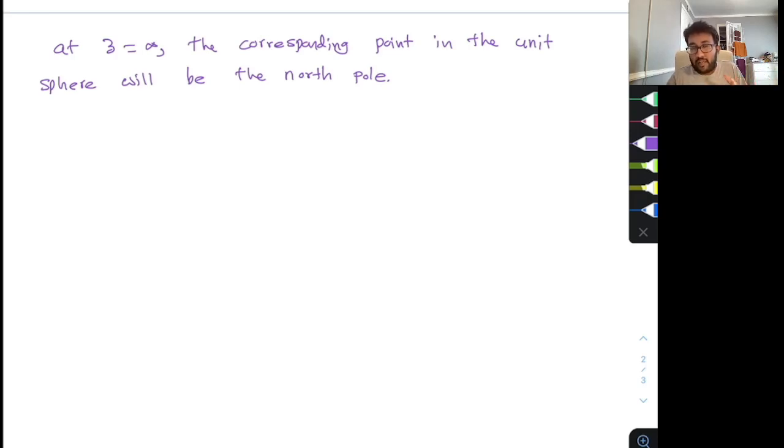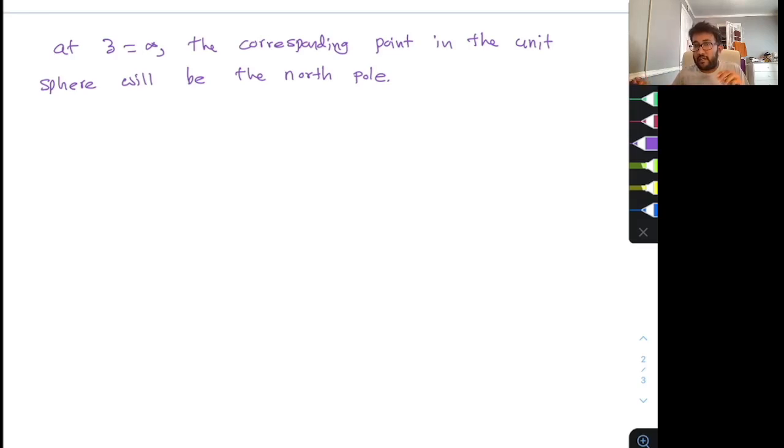So actually this relationship is a bijection. We cannot have a function for how this map maps complex numbers to the unit sphere, but there is a one-to-one and onto correspondence between your complex plane and unit sphere.